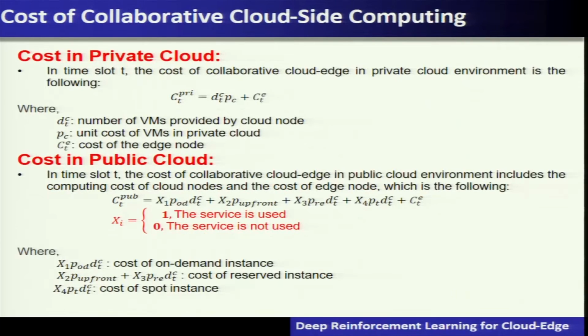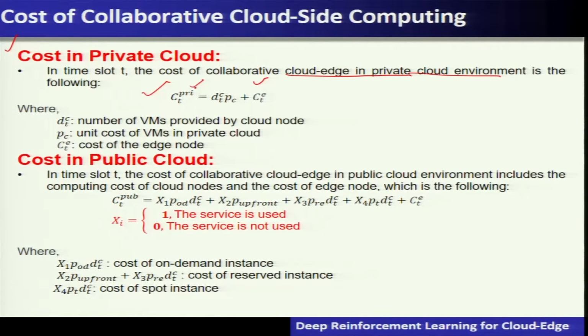So let us understand that in this edge environment, if you add a cloud, there are two possibilities. One is the private cloud. Let us say that the demand is not met fully by the edge node, but partially by the edge node and partially by the private cloud, so therefore the cost function will change. So at time T, for the collaborative edge cloud using the private cloud environment, the cost is going to be the following.